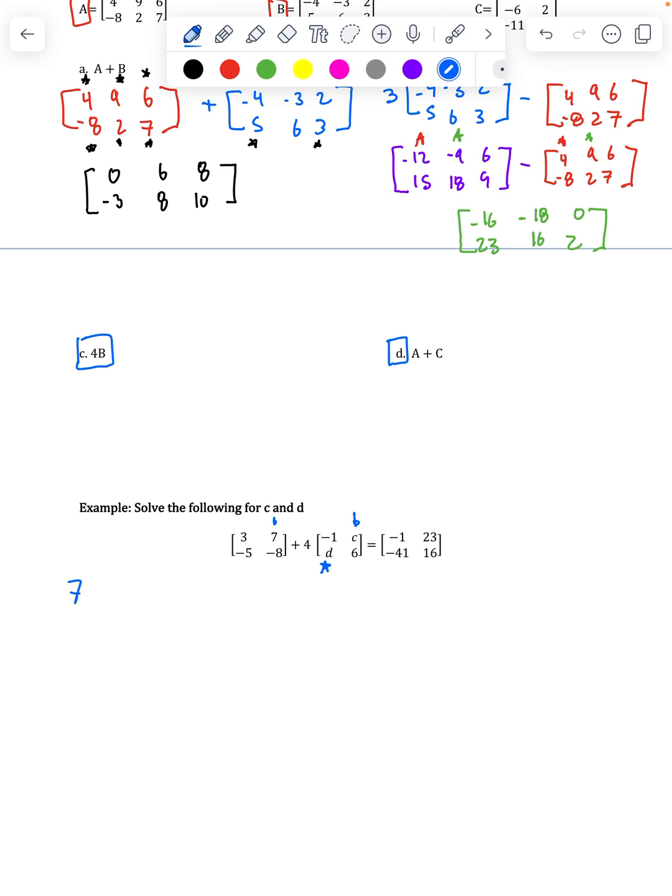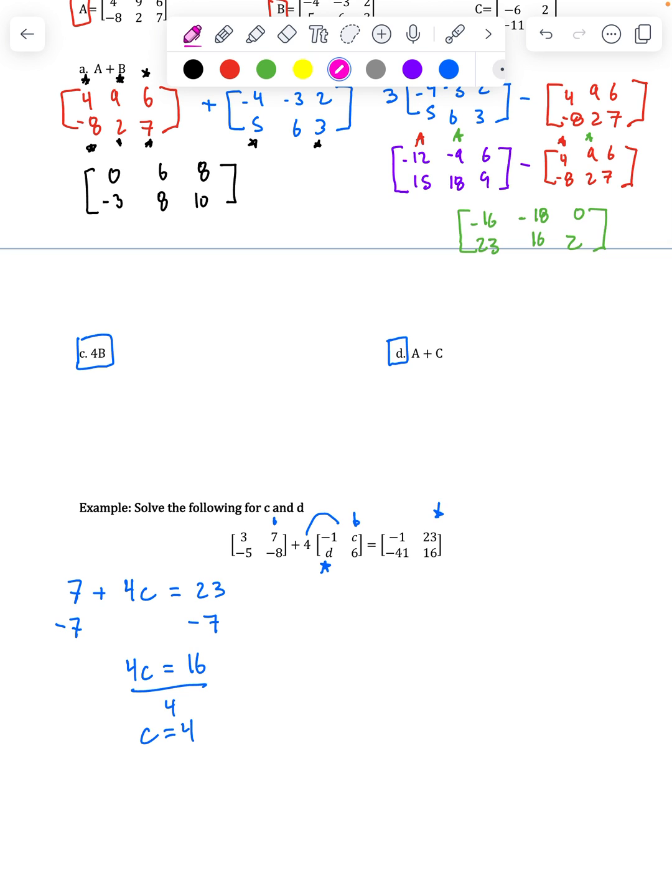So I'm going to say 7 plus 4 times C. That 4 is right here. It would be multiplied by C equals, and I look at the same element here, 23. Pretty exciting. And I just solve for C by doing inverse operations, right? And I'm left with C being equal to 4.